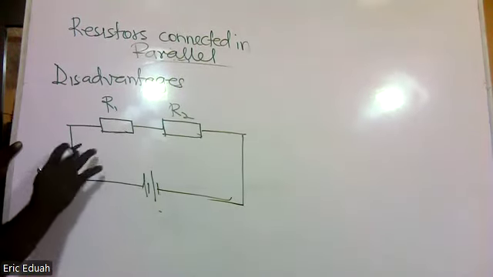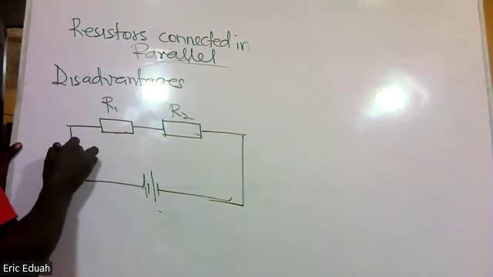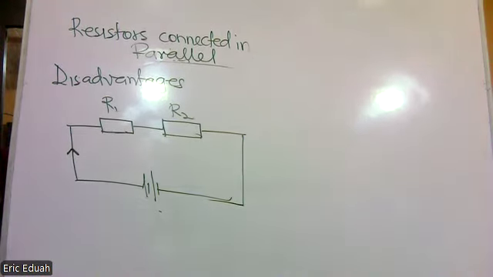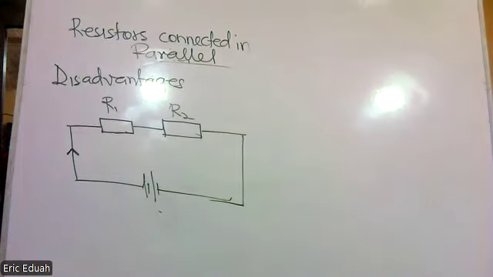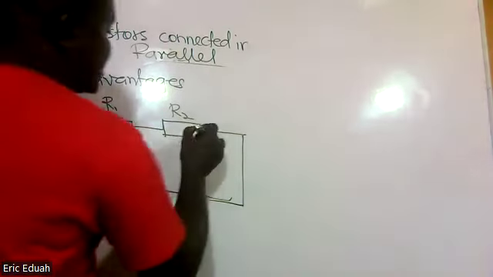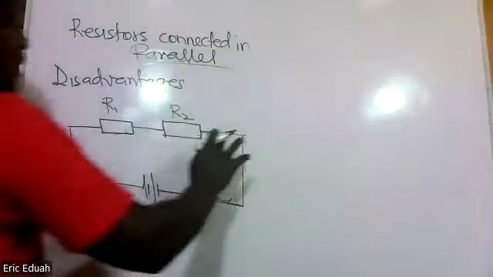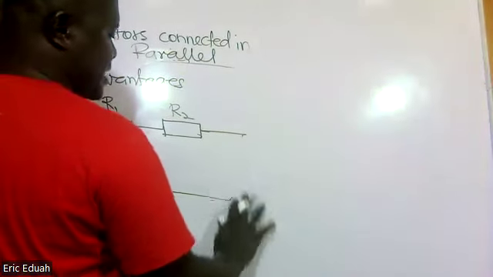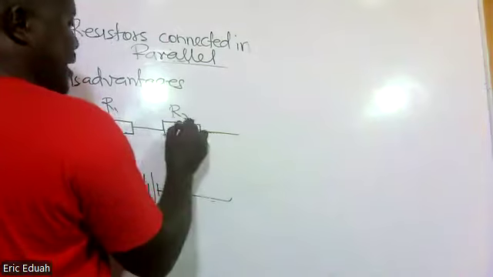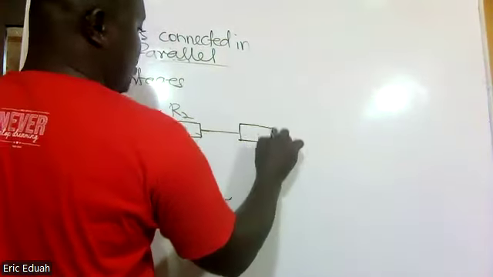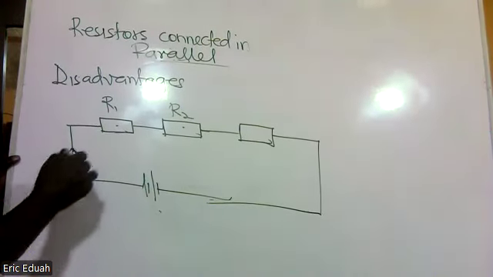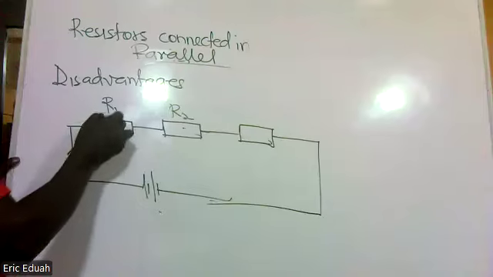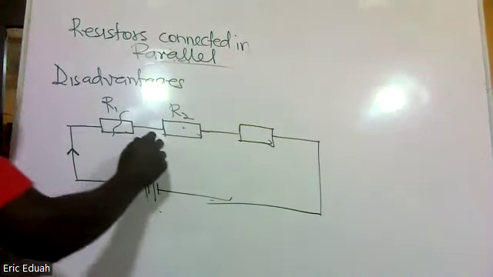Because of equal current, usage is minimal, no matter the strength of this load and this load. So it will save cost. But the disadvantage is that if you have a lot of gadgets connected in series, for example, bulbs. This is one bulb, another bulb. The moment there is a break fault with this one, everything goes off.